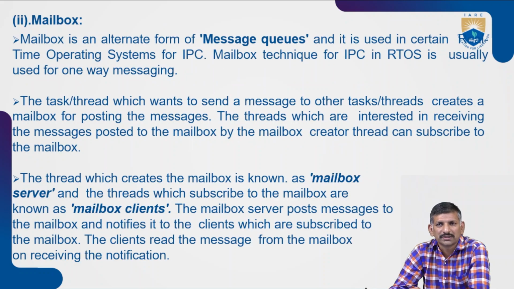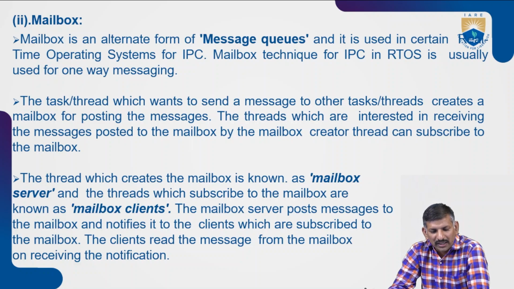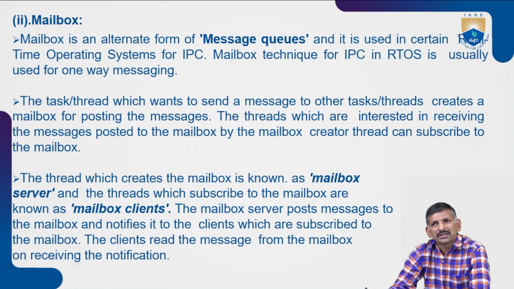Next, mailbox, like our mails in Gmail, whatever we may be using. Mailbox is an alternative to the message queue, and it is used in certain real-time operating systems for inter-process communication.